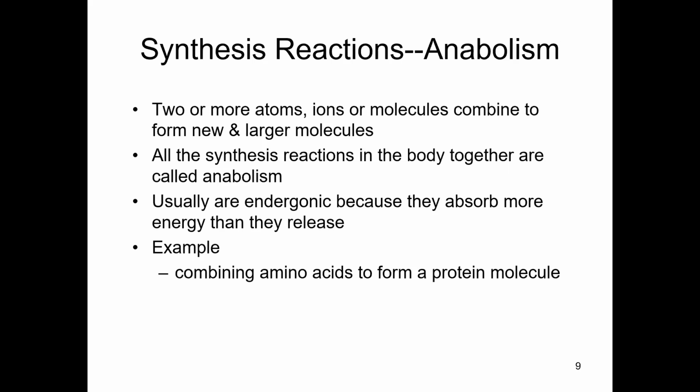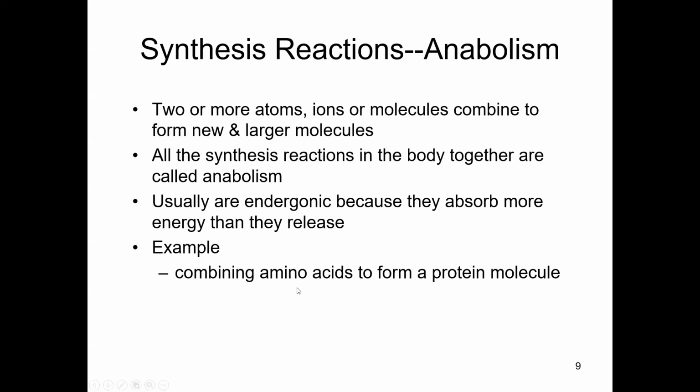So here are the two groups of reactions in our body. Anabolic reactions, when two or more atoms or molecules combine together, we are forming new chemical bonds. And so these reactions are typically endergonic because they absorb energy, the energy that goes into the chemical bonds.